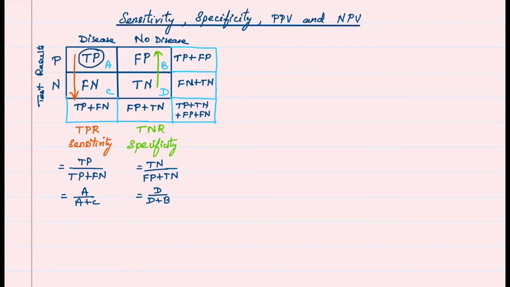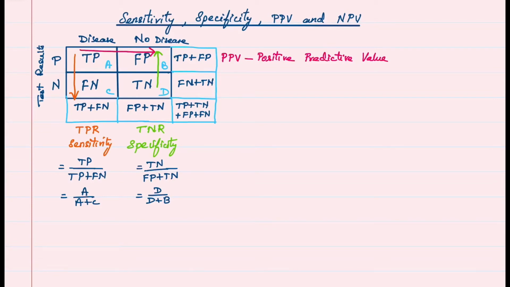Let us now see the formula for positive predictive value, which is PPV. To calculate this, we will be using the positive row, that is the first row. And look at the direction of the arrow mark.